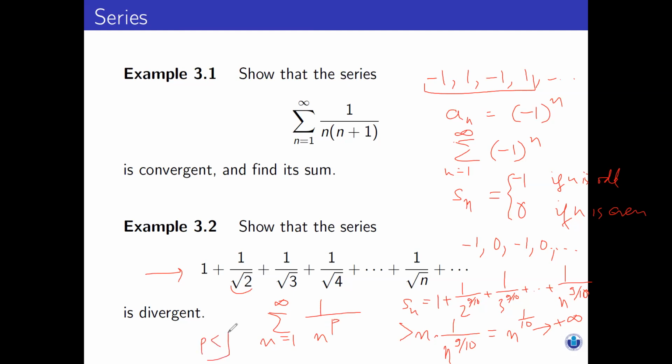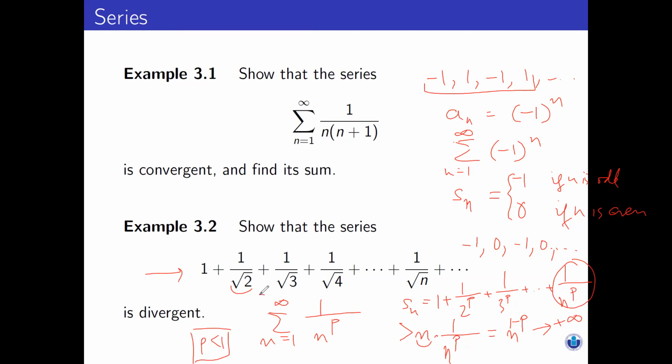So if p is less than 1, then the series diverges, because now the proof goes through without any change. Well, there is some change, but it's not essential, because here is p. Then still the smallest one is here, and you have n terms. So then you get n to the power 1 minus p. And as long as p is less than 1, the series diverges.